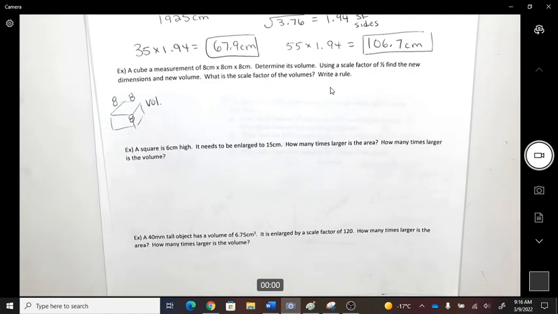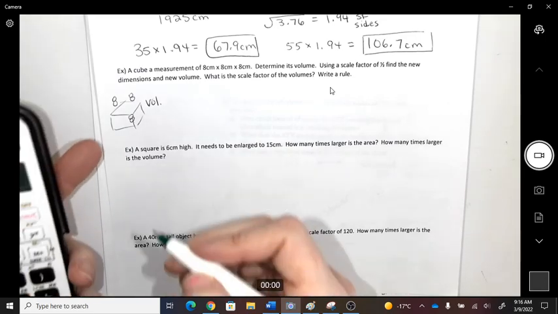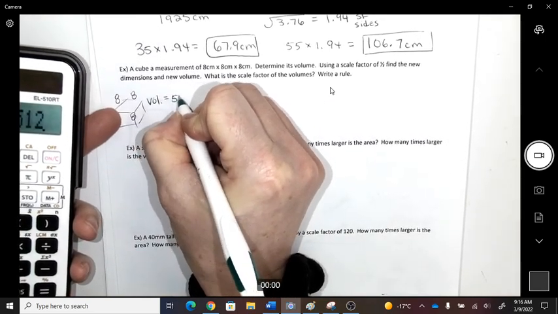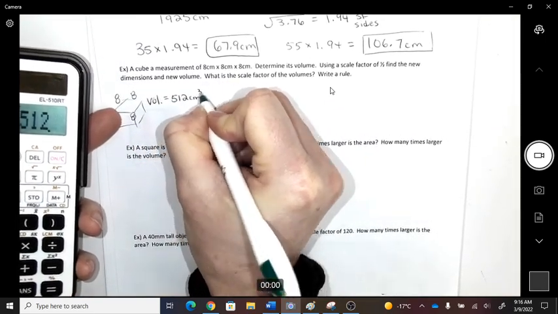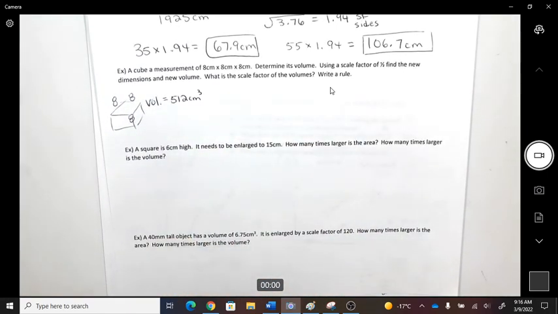So you're just going to go 8 times 8 times 8. So the volume is 512 centimeters cubed. That's how you do a volume.